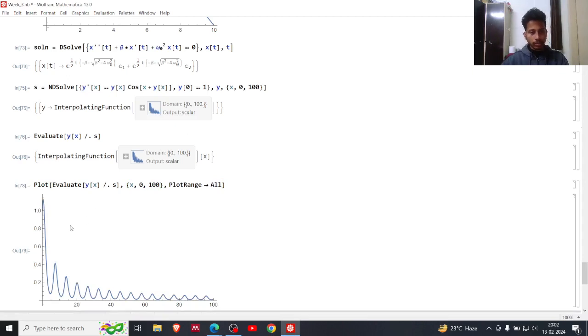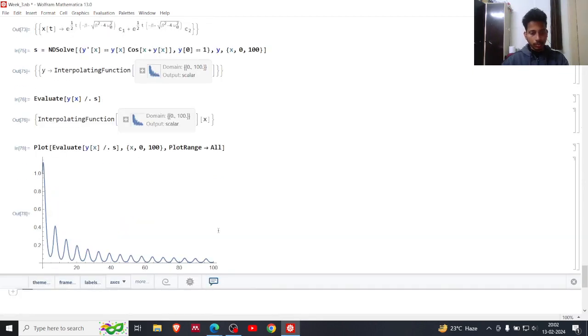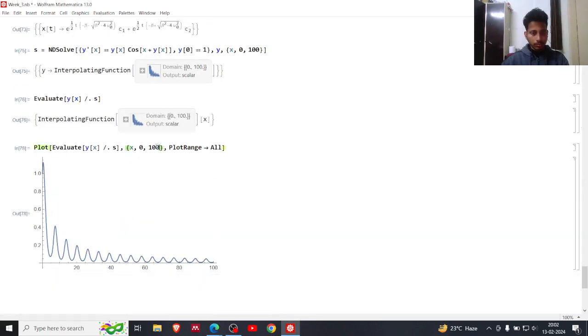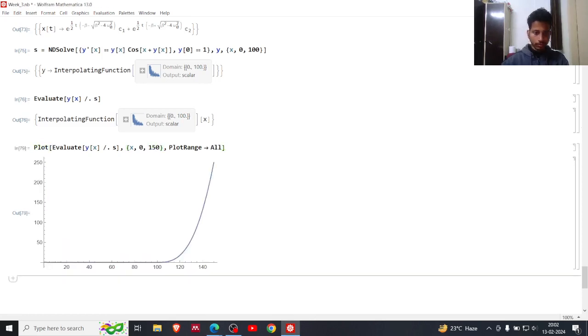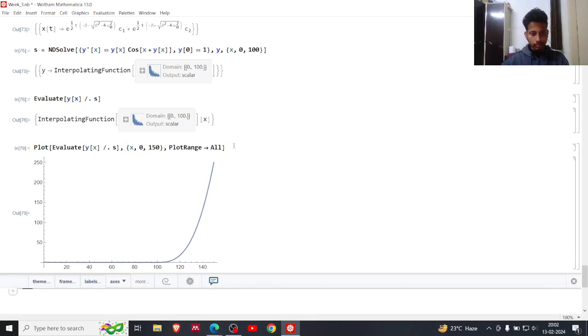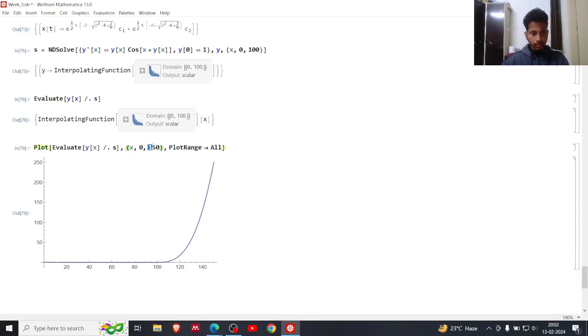Yeah, so this is the solution from 0 to 100. Now let's see if we use something like this. It did not know the value at this one, so that's why this is giving this kind of weird result.